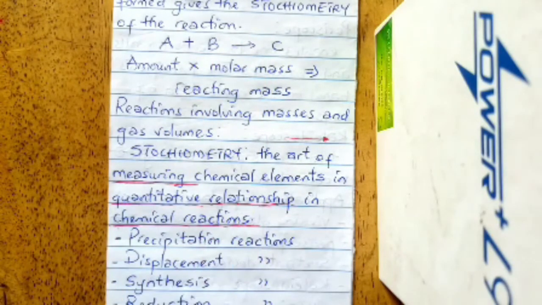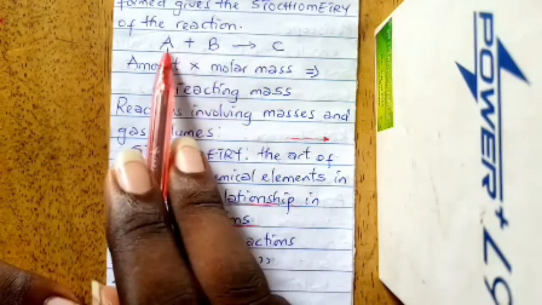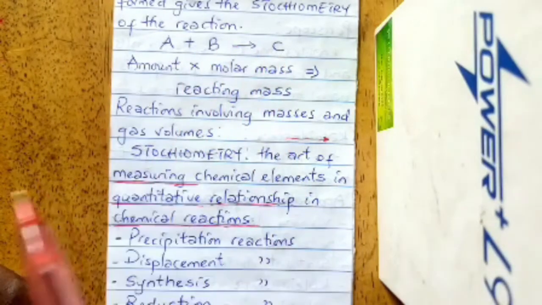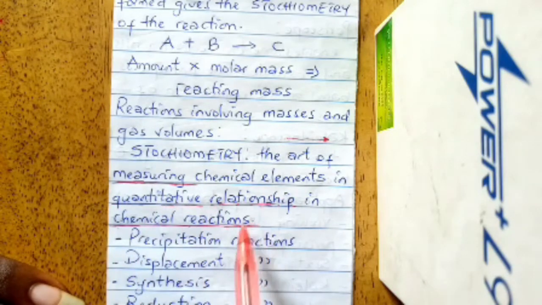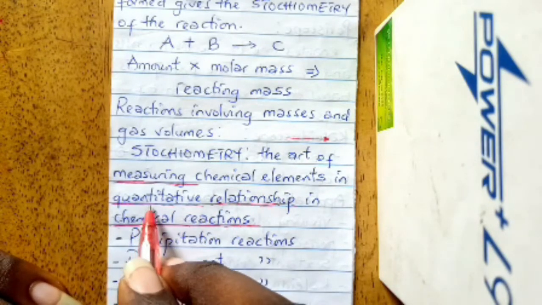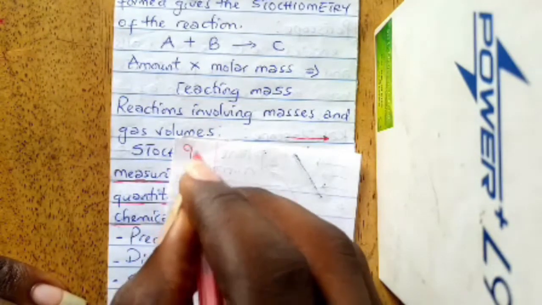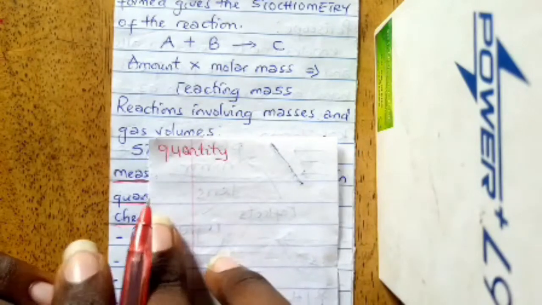Now, the art of measuring these chemical elements. The chemical elements in this case are A and B, and the new compound formed, C. In the aspect of quantitative, we are talking about the quantity of the entities.